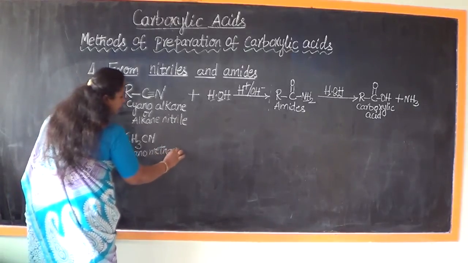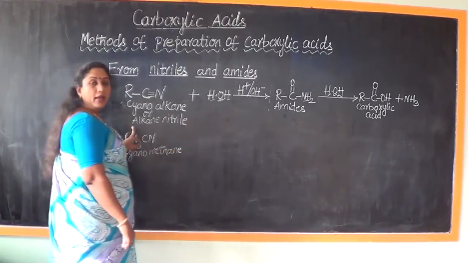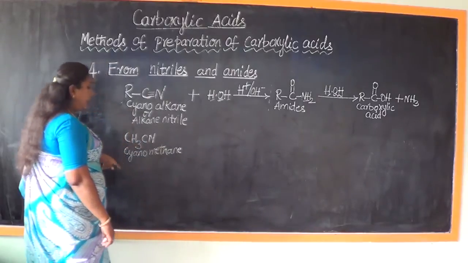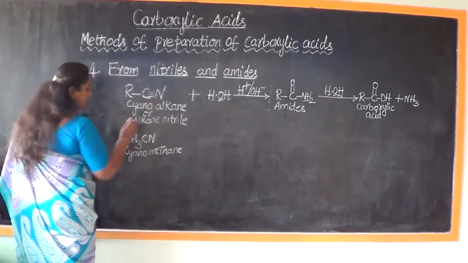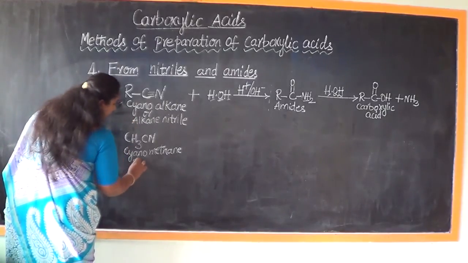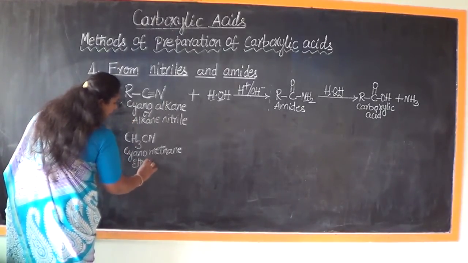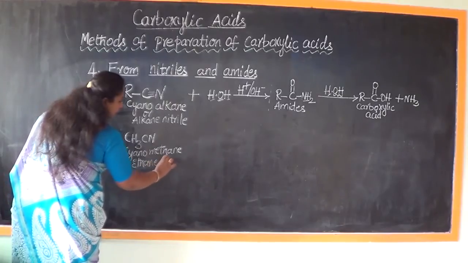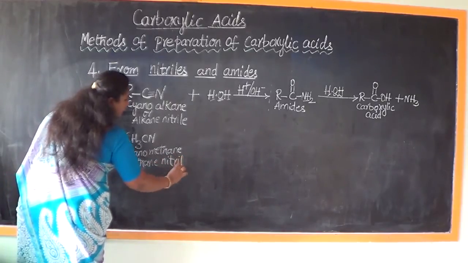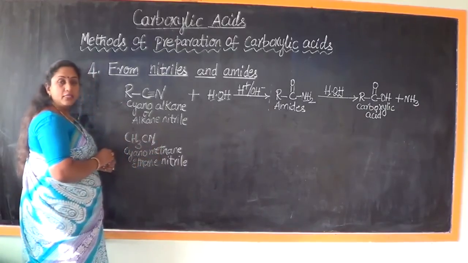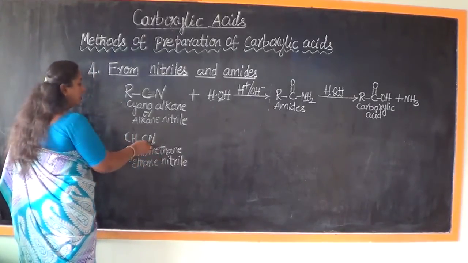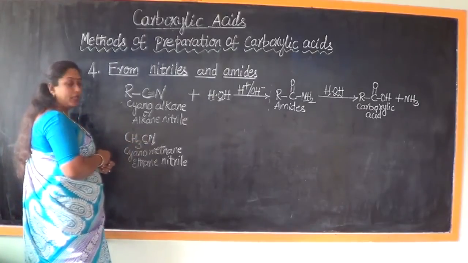Instead of this, if I want to write it like alkane nitride, I need to increase one carbon atom. Therefore, the name of the compound will be ethane nitride. So children, remember when you are writing it as nitride, it includes only the nitrogen of the cyano group and it does not include the carbon of the cyano group.